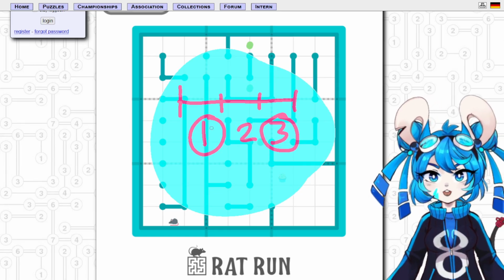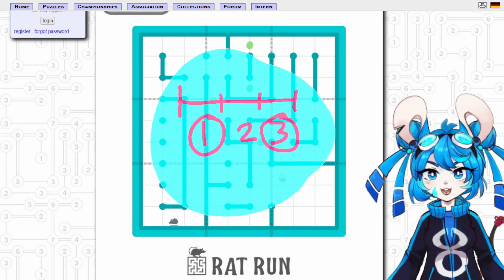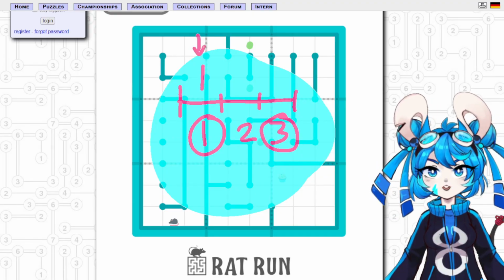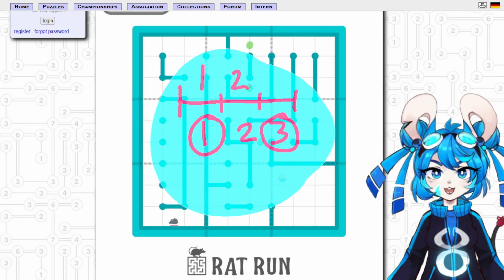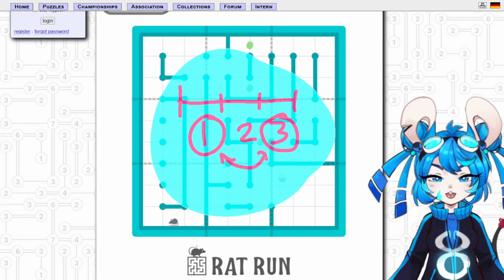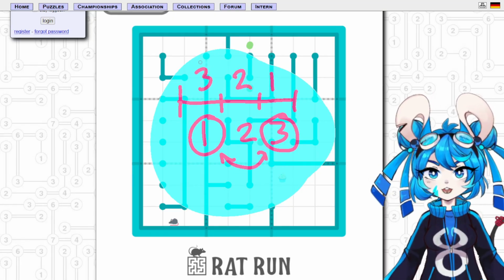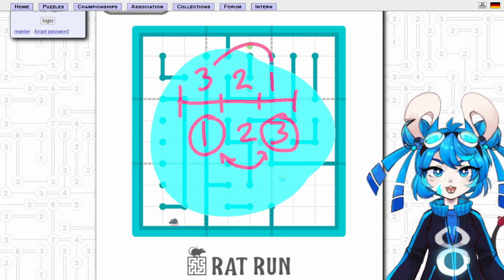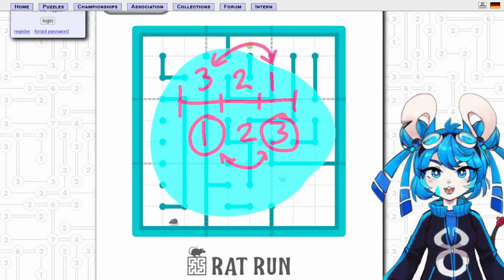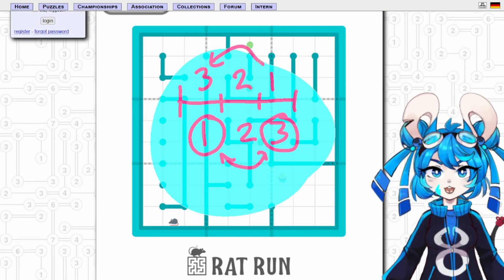The other thing to note is that you can only swap pairs of digits on the line. So, for example, this 1, 2, 3 would be a valid index line because the 1 indicates that the 1 is in the first position. It indexes itself, so does the 2, and so does the 3. However, if you swap the 1 and the 3, so it's 3, 2, 1, the 3 here indicates that the 1 is in the third position, and vice versa. So you can only swap pairs of digits.